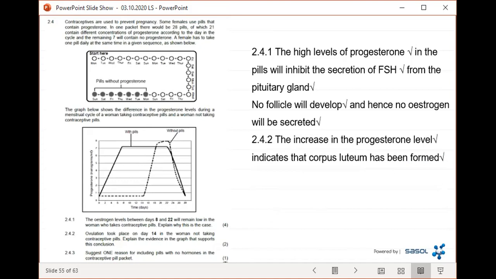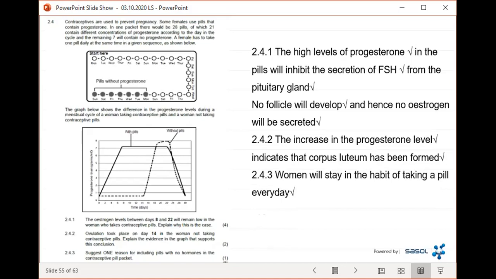And you just get your 2 marks by mentioning that there's an increase in progesterone levels, and that would mean that the corpus luteum has been formed. In question 2.4.3, suggest one reason for including pills with no hormones in the contraceptive pill packet.